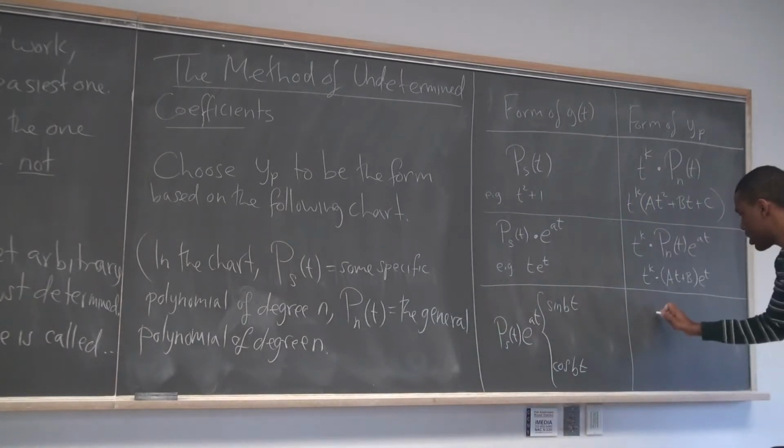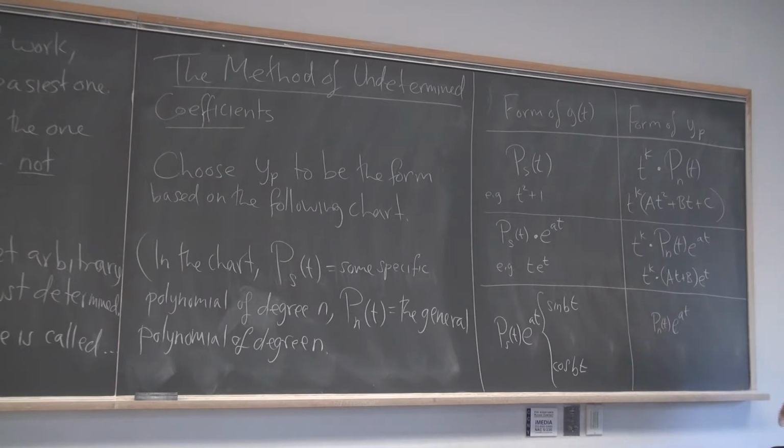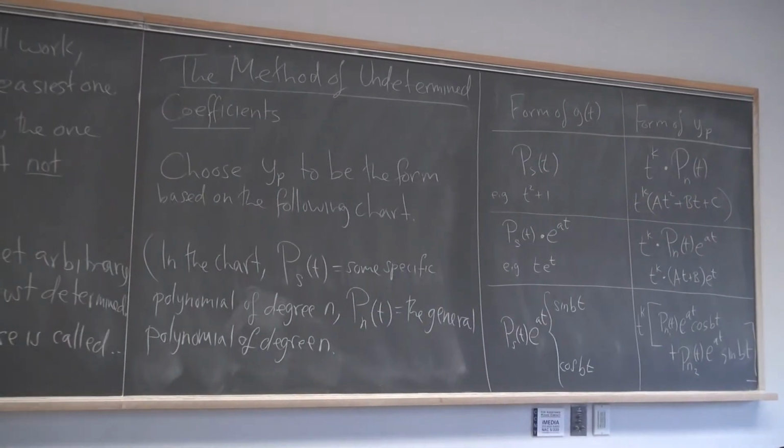So for example, we here will have Pn of t e to the at cosine bt, that's one general polynomial, plus some other general polynomial times e to the at sine bt. And then that whole thing we will multiply by t to the k. Let's do an example.